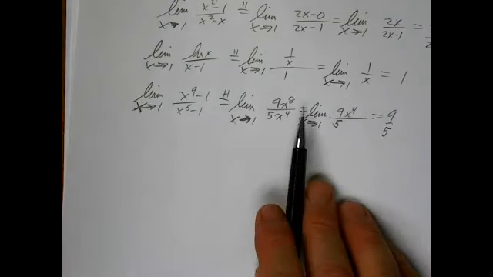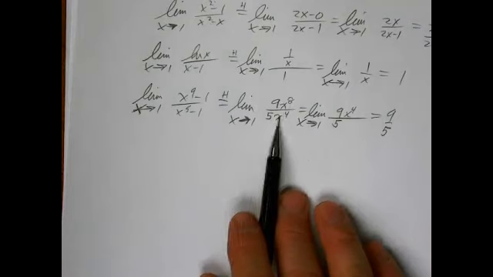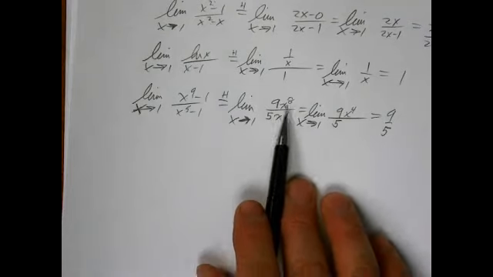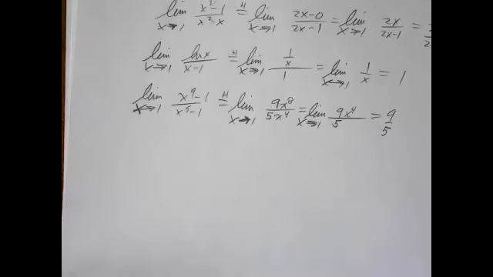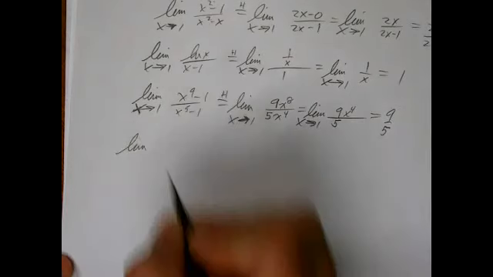Notice I didn't put an H here, didn't put an H here. It's because I didn't use L'Hopital's again. I didn't use it because I wasn't allowed to. Putting in this 1 doesn't give you a 0 over 0, doesn't give you an infinity over infinity, so no L'Hopital allowed.